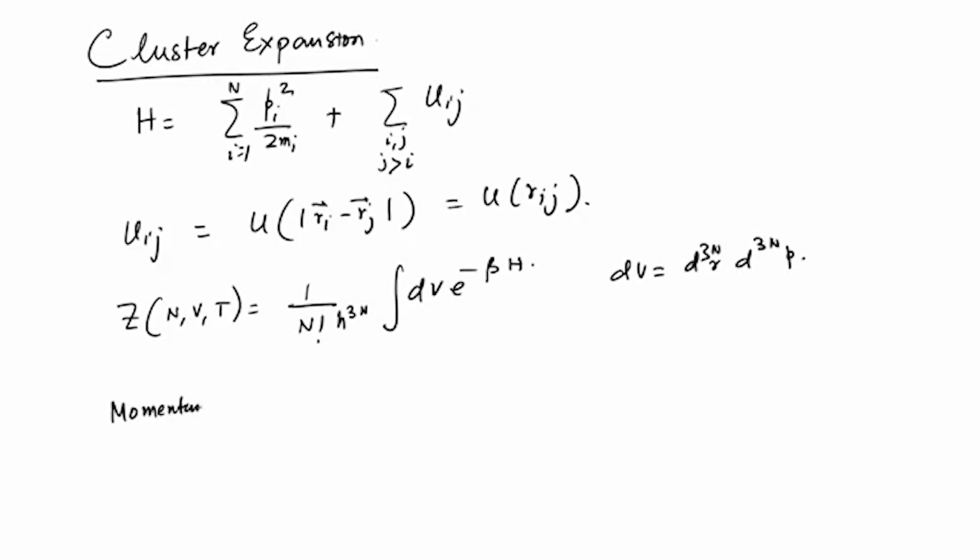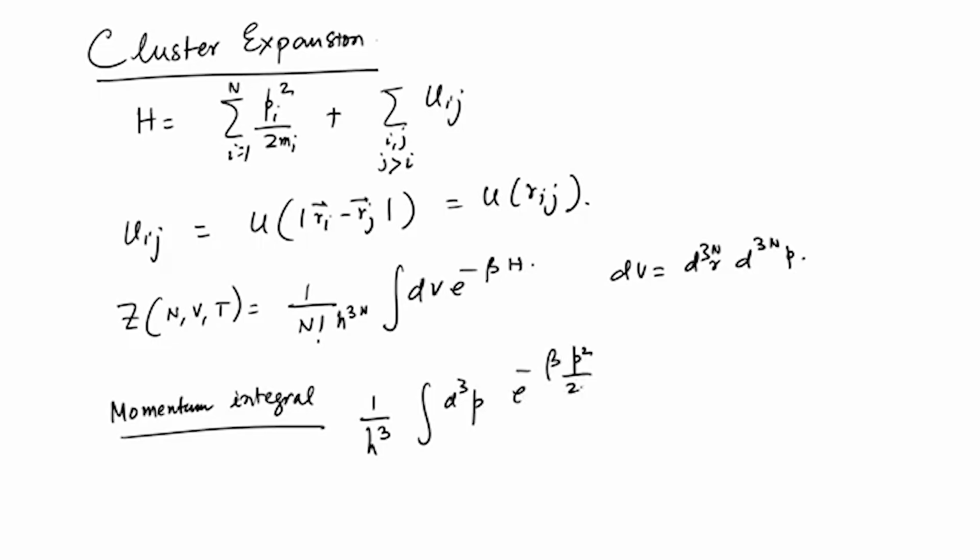So, that is a Gaussian integral that one can do. The momentum integral, this is just a revision of what we have learnt earlier. This momentum integral is 1 by h cubed and d cubed p. We are just doing it for one particle in 3 dimensions. So, it is exponential of minus beta p squared by 2m, and this is equal to 4 pi by h cubed times root over of pi by 2m by beta whole to the power 3 by 2, and this is nothing but 1 by lambda de Broglie cubed.